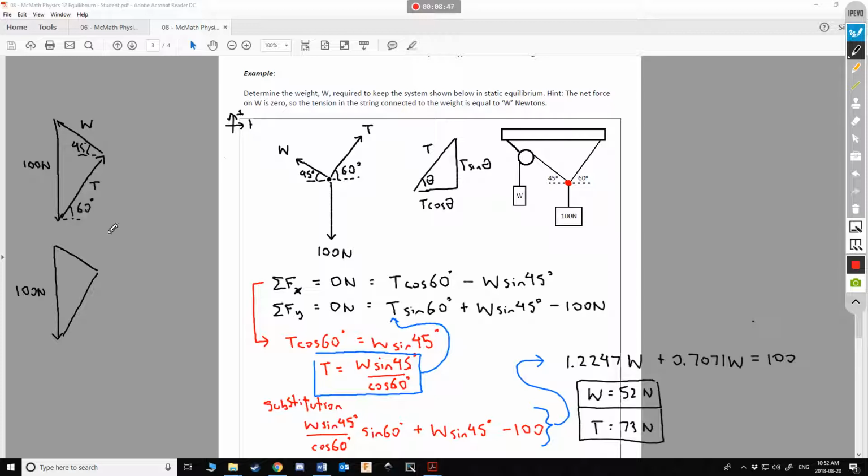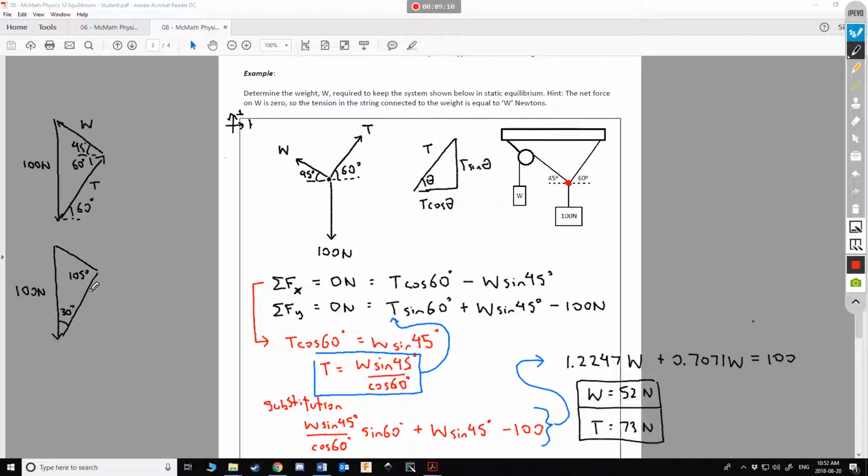If this angle is 60, this angle must be 30 degrees. Also, using alternate interior angles, if this angle is 60, this is also 60 degrees right here. So inside this larger angle, it's 45 plus 60, that is 105 degrees.